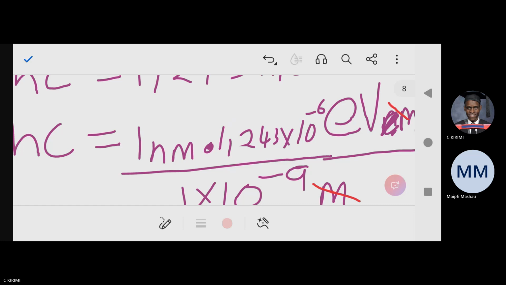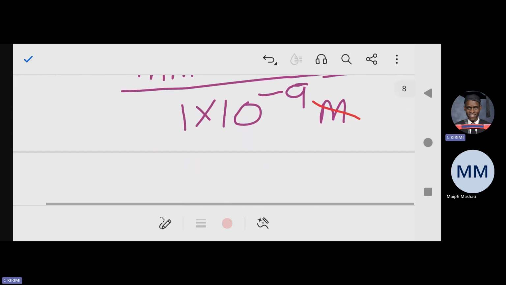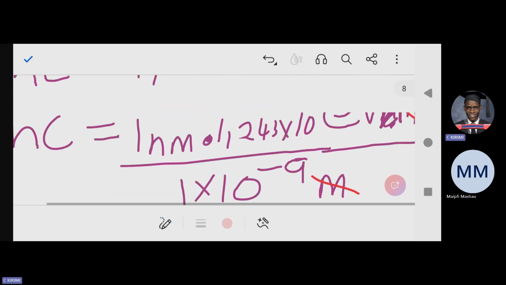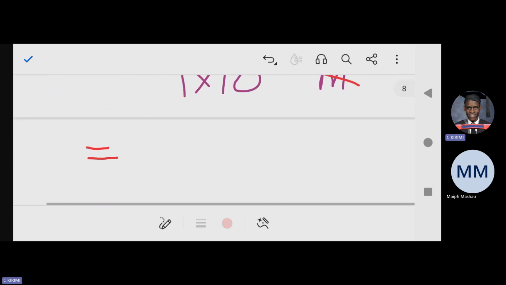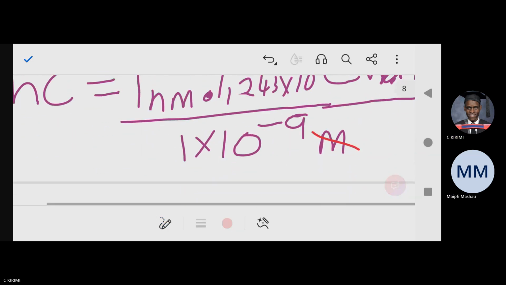Then, using your mathematics, remember when you divide by a negative 9 exponent, it means 10 to the power minus minus, when you're subtracting 9. So on the exponent, we are having a positive.